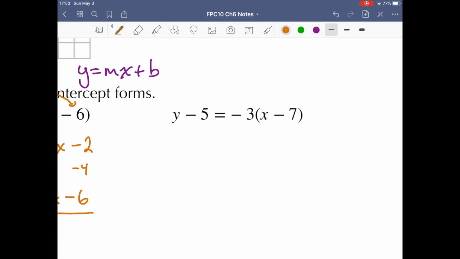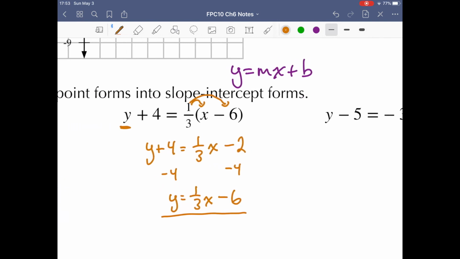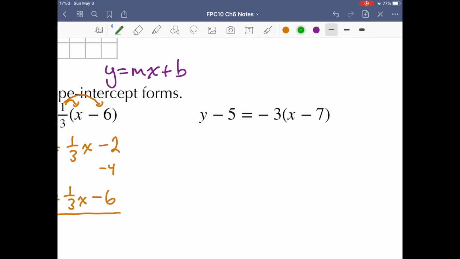Let's take a look at this last one. Again, isolate y. So I'm going to simplify my right-hand side by distributing my negative 3 into my binomial. y minus 5 is equal to minus 3x plus 21.